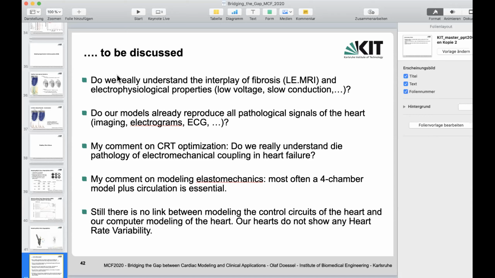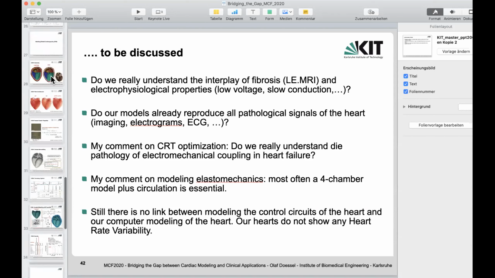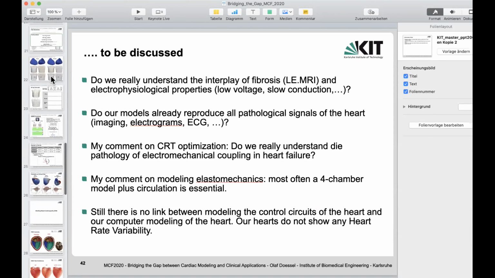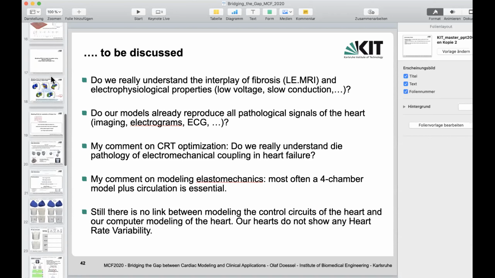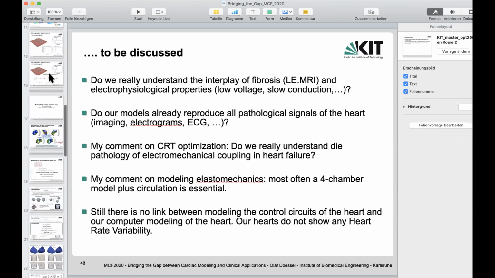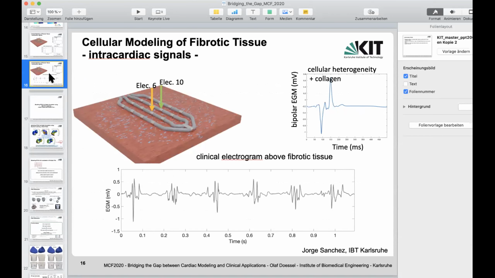Hi, Olaf. Very nice talk. I have one specific question regarding the way you replicated the extracellular electrograms in your fibrotic model. I've done a lot of microscopic electrogram modeling and measurements during my PhD thesis, so here's my take on it. I think this depends. You won't be able to replicate that one-to-one under those circumstances.